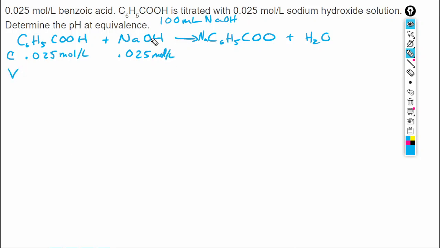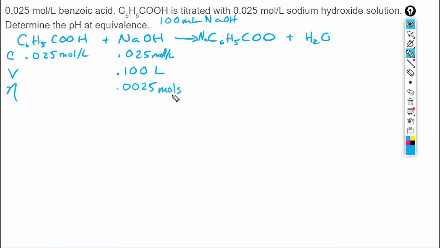My volume of the NaOH would be 0.1 liters. My number of moles would be what I find next. So 0.025 times 0.1 gives me 0.0025 moles.